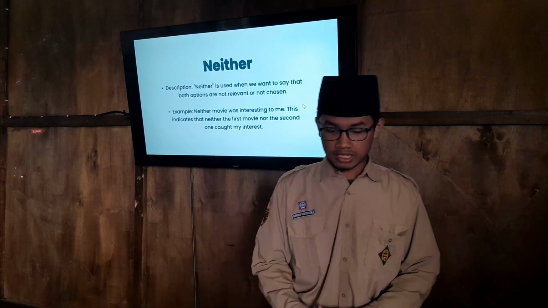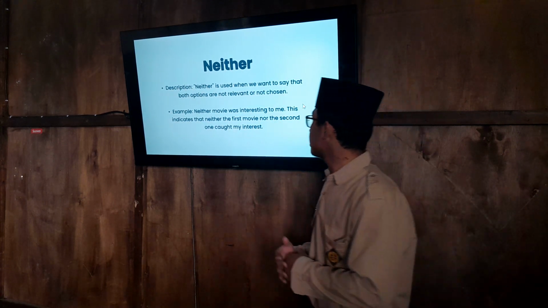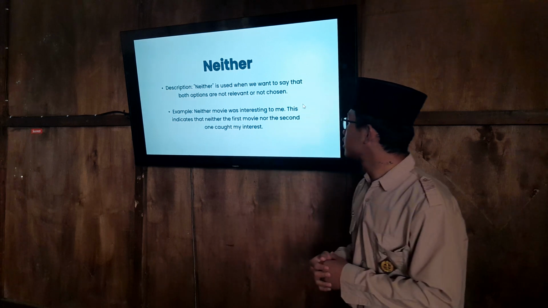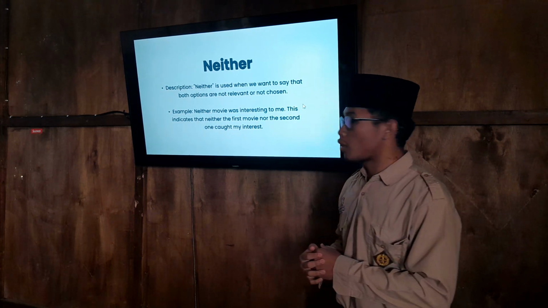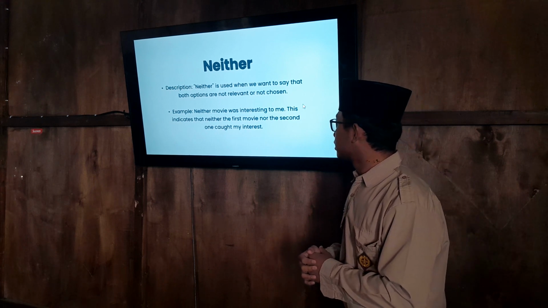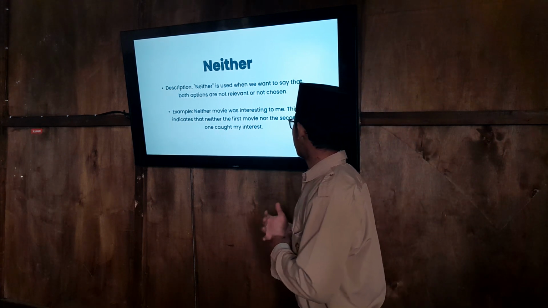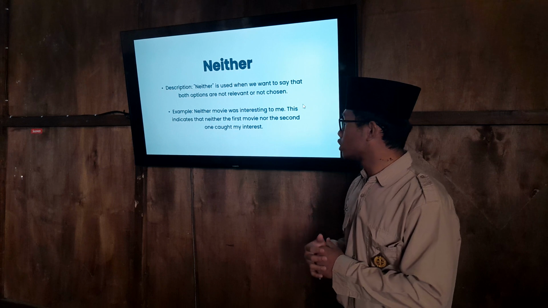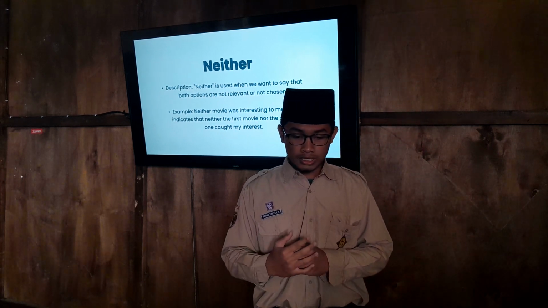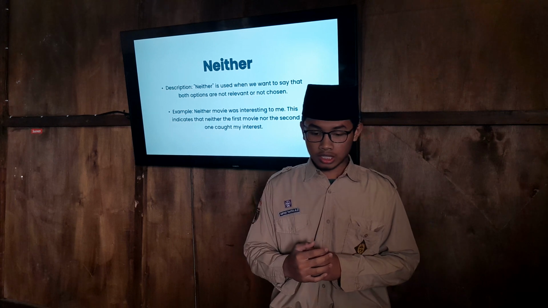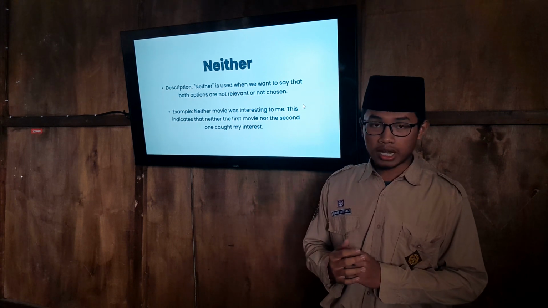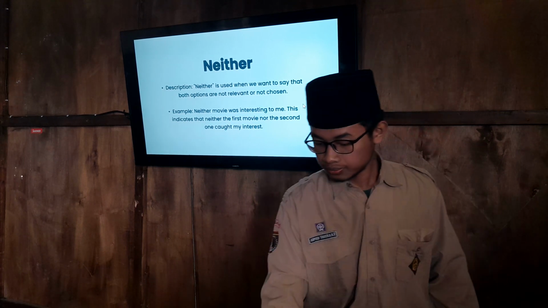So the next is "neither." "Neither" is used when we want to say that both options are not relevant or not chosen. For example, neither movie was interesting to me. This indicates that neither the first movie nor the second one caught my interest.